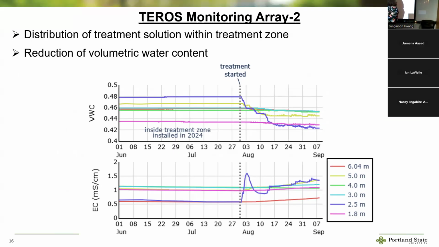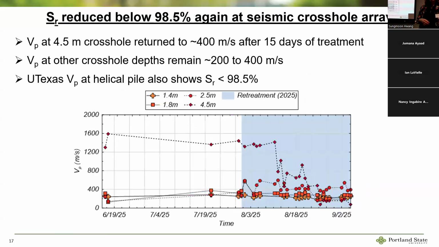At a couple of the sensors, we see the arrival of the treatment solution a couple of days into treatment, with an increase in electrical conductivity followed by a decrease, and indications that gas is produced, reducing the volumetric water content of the soil, at least at a couple of the sensors in the array. So indications that the treatment solution is making it through the treatment zone again and producing gas.